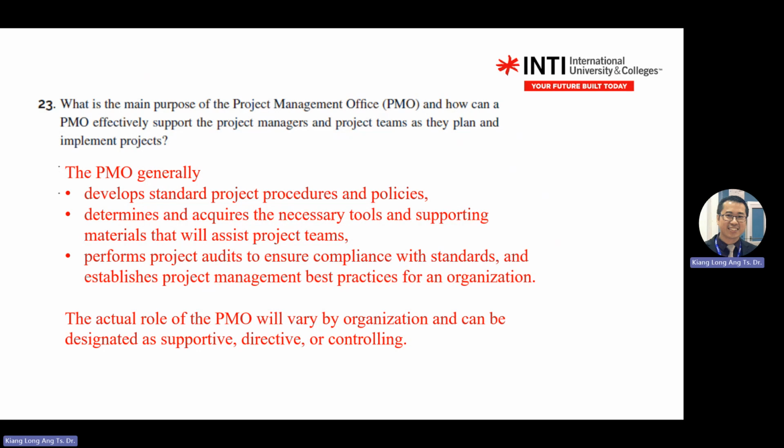They do more on the standards. Here, PMO is more on the monitoring and control. So monitoring and control, you deal with procedures and policies, and you deal with standards. Okay, so go and read. The detail is in the PMO book. Okay.